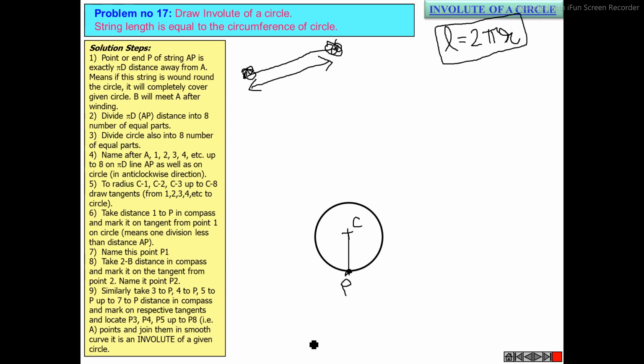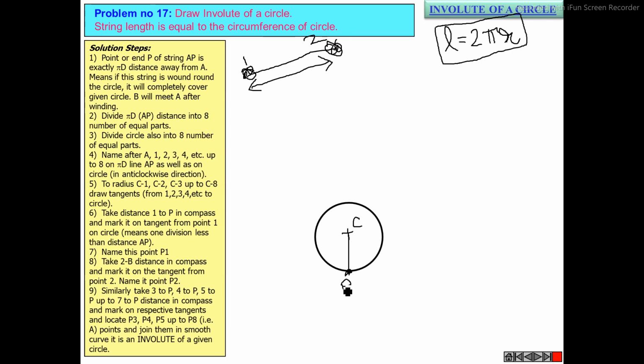Yes, sir. Because in this case, when I try to wrap the wire completely, or unwrap the wire completely, both the end point number 1 and point number 2 of the thread will lie exactly at one common point. Say that common point is point P, correct?